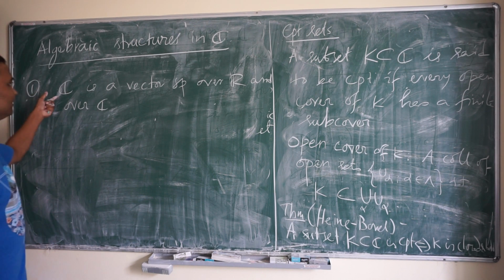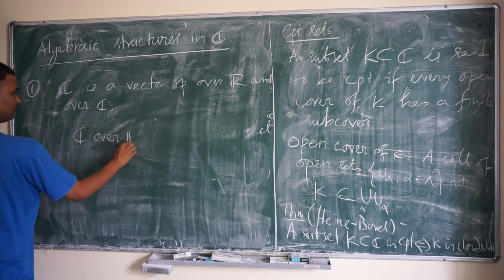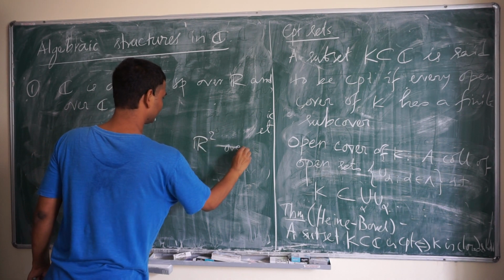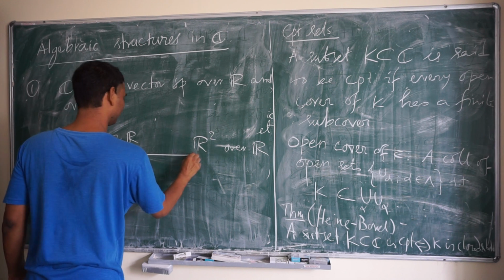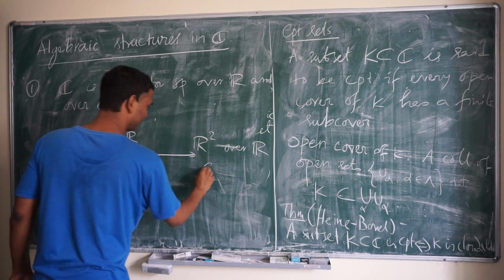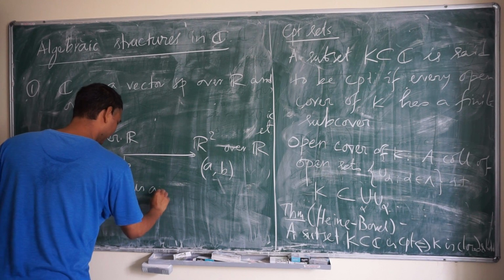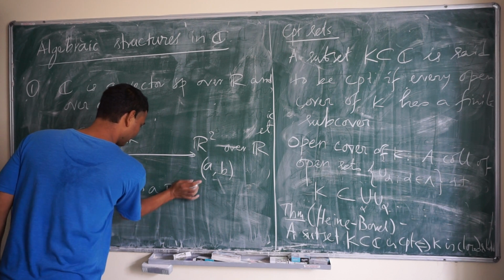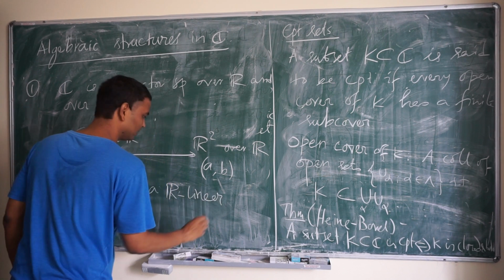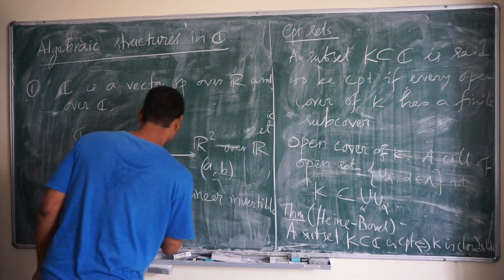When you look at C over R and R2 over R, the map which I wrote, A plus iB goes to (A, B), is a real linear invertible map.